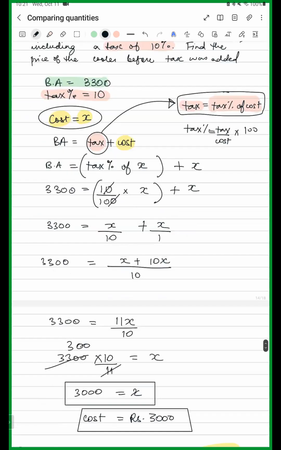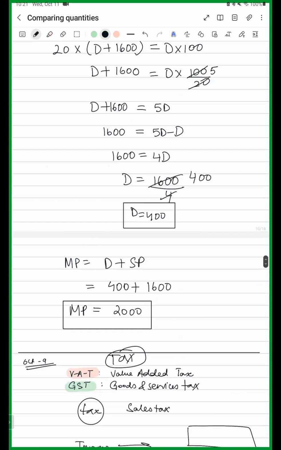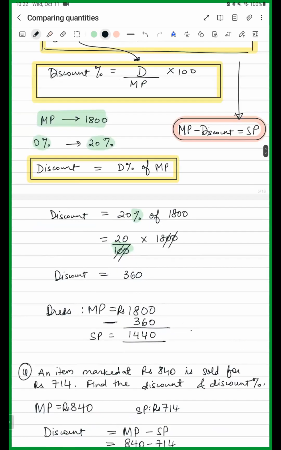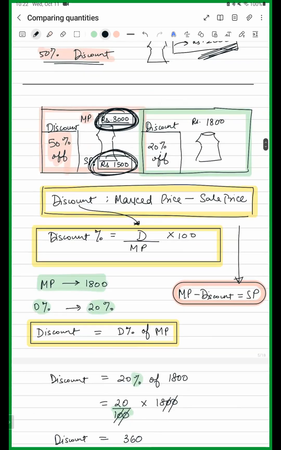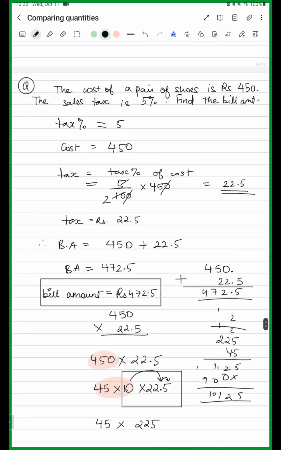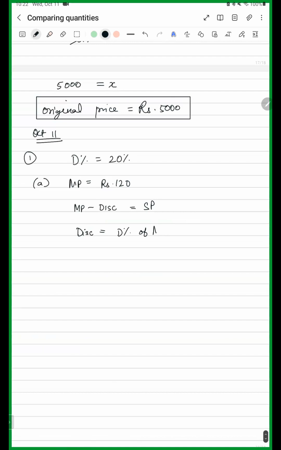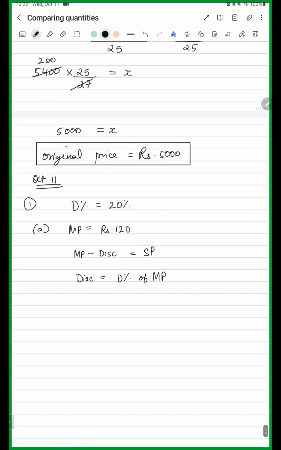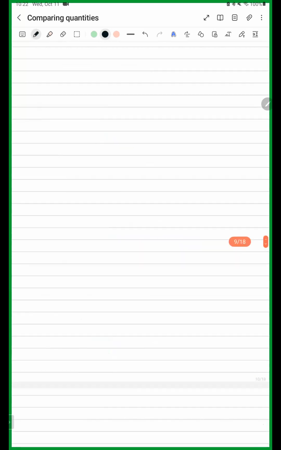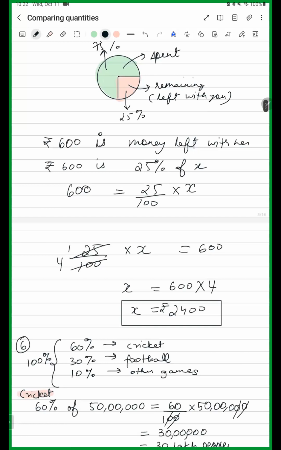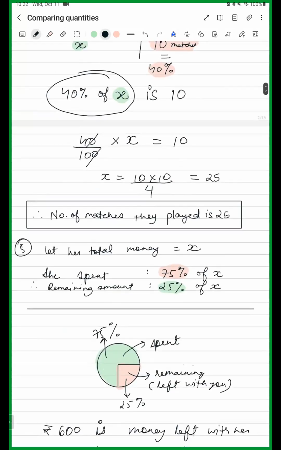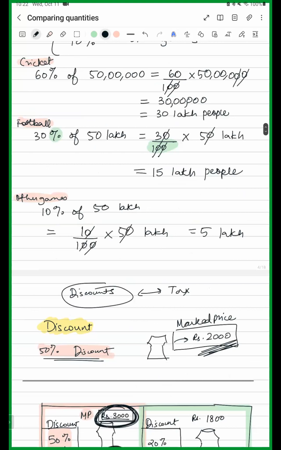Let's just take a look at the formulae that we had written. Not SP, sorry, MP is the original price, na? That is why. So here MP, always the original price. So there we go.